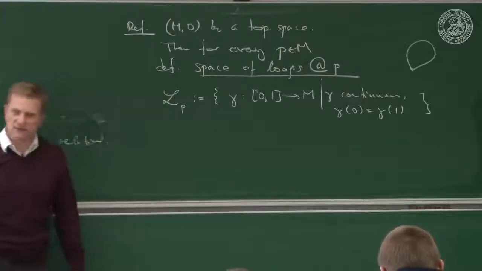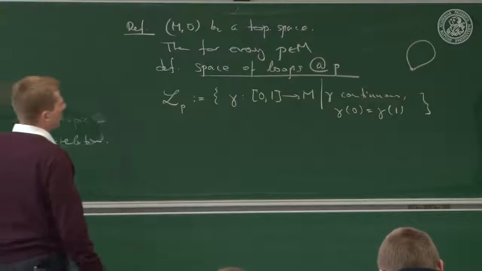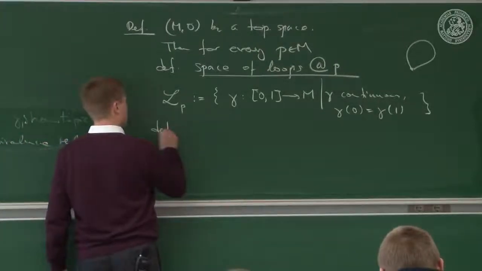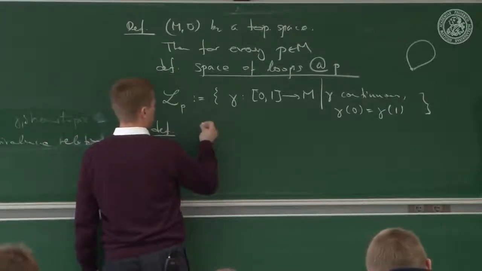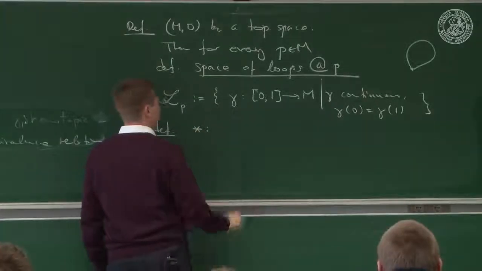Now, on this space of loops, we can actually establish a concatenation. How do we call this? Star. Star, what does star do?